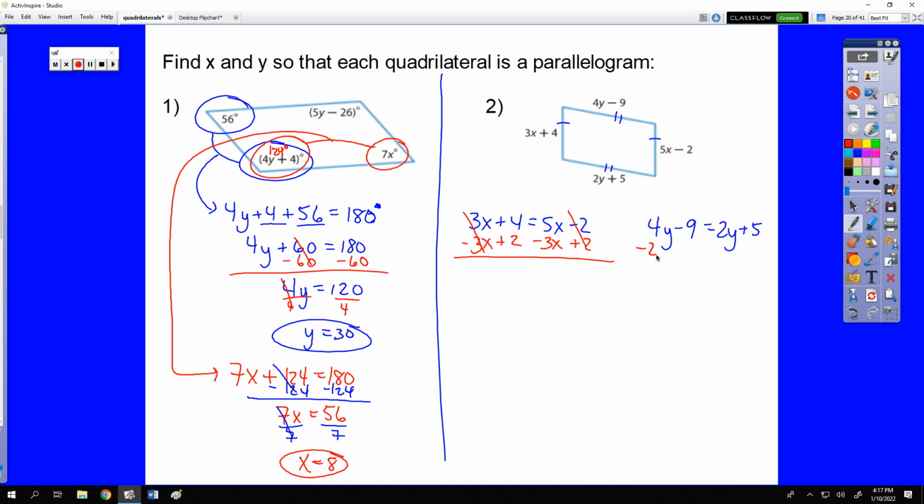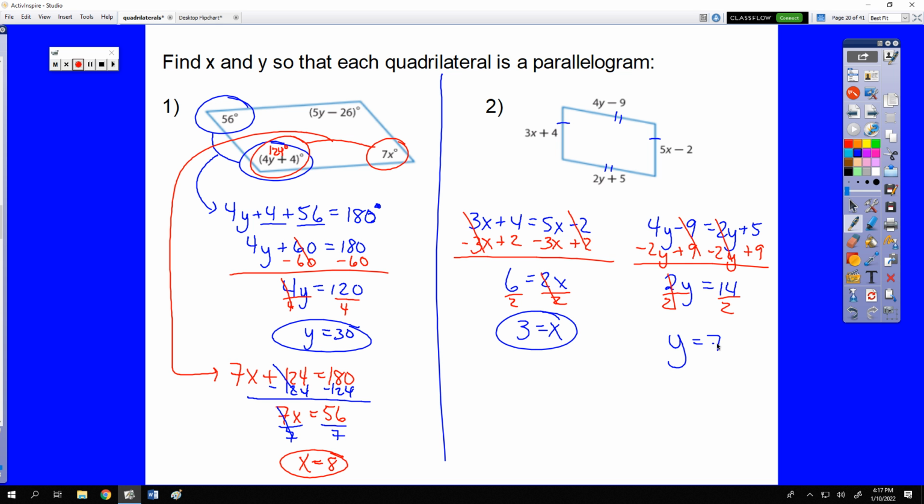Over here, we would subtract 2y and add 9 to each side. So that gives us 6 equals 2x and 2y equals 14. In both cases, we would divide by 2 to get our values, and we would get that x would have to equal 3 and y would have to equal 7 in order for that to be a parallelogram.